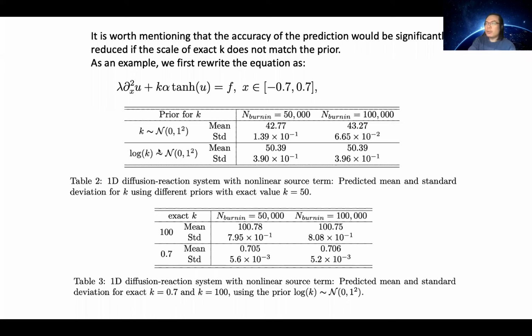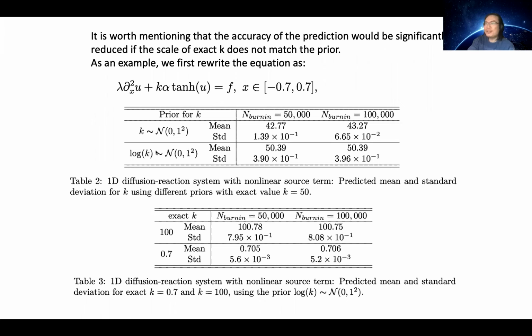But in this case, we can use a prior like this. We set log K as normal, which means K is the exponential of a normal. And then we can get very good results.